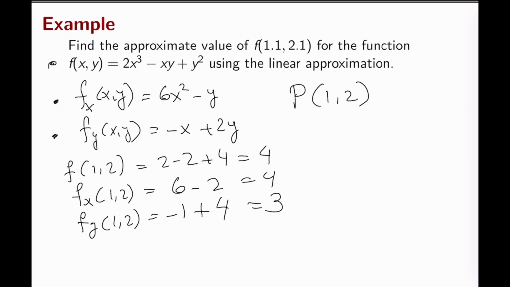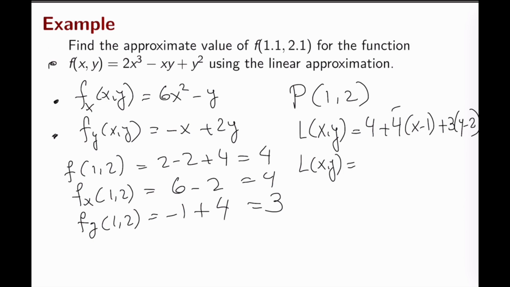So the linearization is going to be equal to 4 plus 4 times (x minus 1) plus 3 times (y minus 2). So doing these operations here, distributing and multiplying, we get that the linearization is 4x plus 3y minus 6.